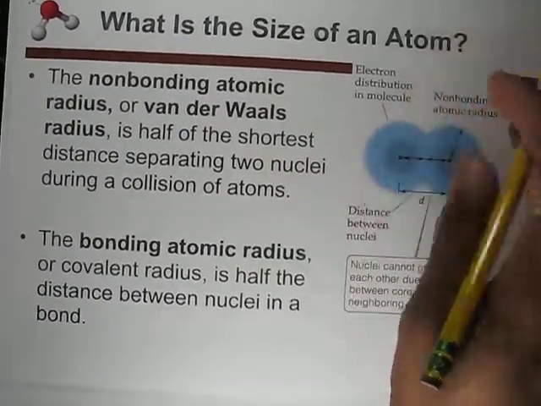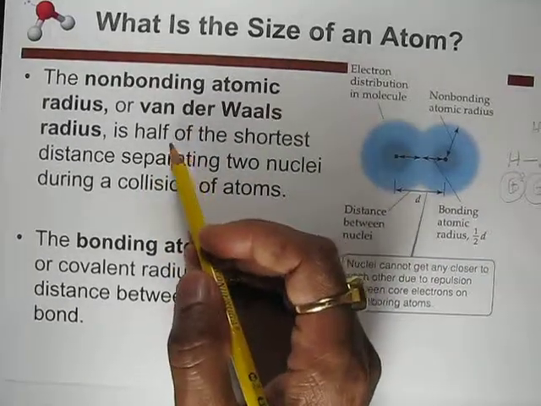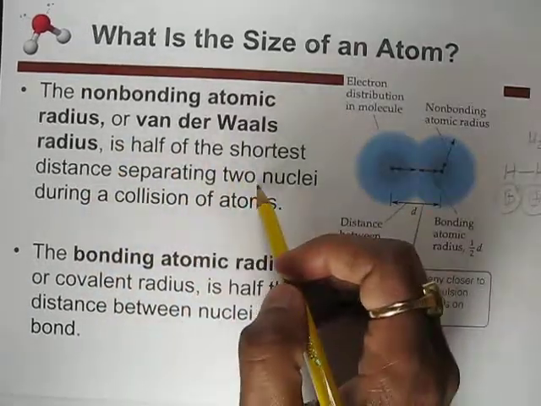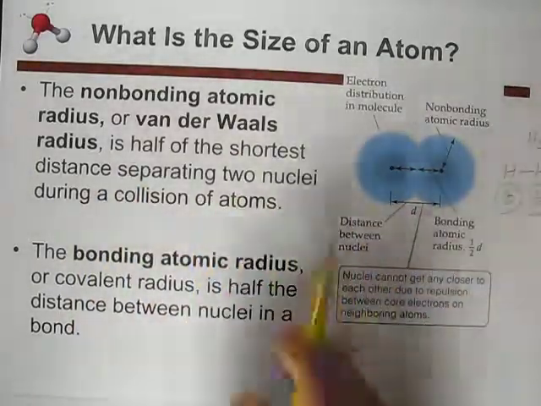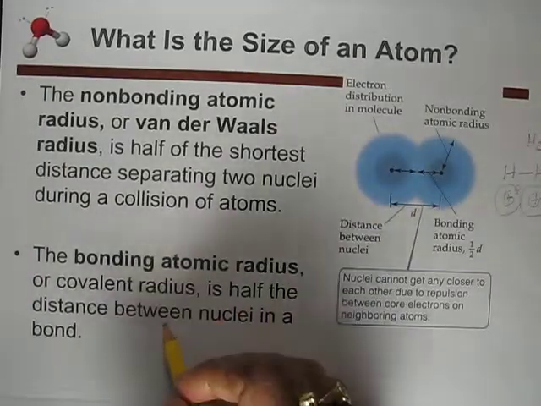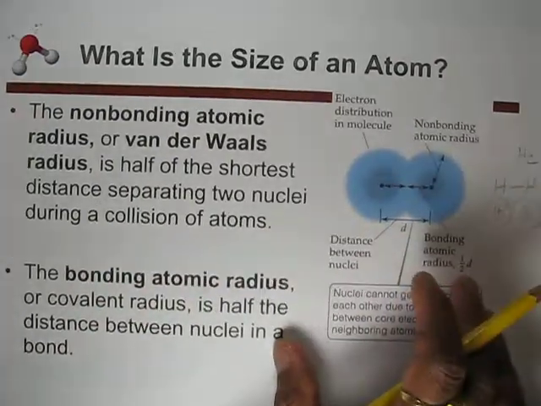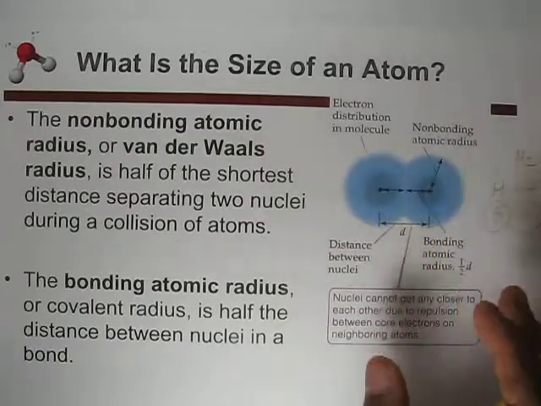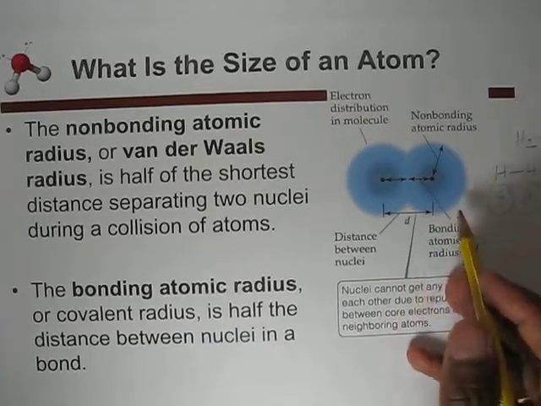The non-bonding atomic radius, or van der Waals radius, is half of the shortest distance separating two nuclei during the collision of atoms, and the bonding atomic radius or covalent radius is half of the distance between the nuclei of a bond. So basically this picture shows how we determine the size of an atom, based on the distance between either bonding or non-bonding electrons.